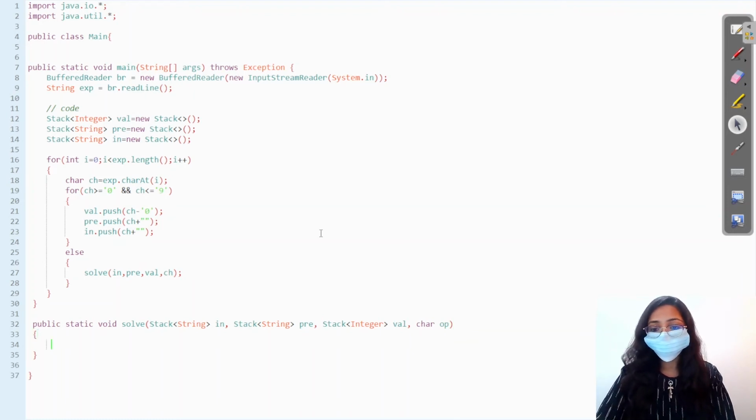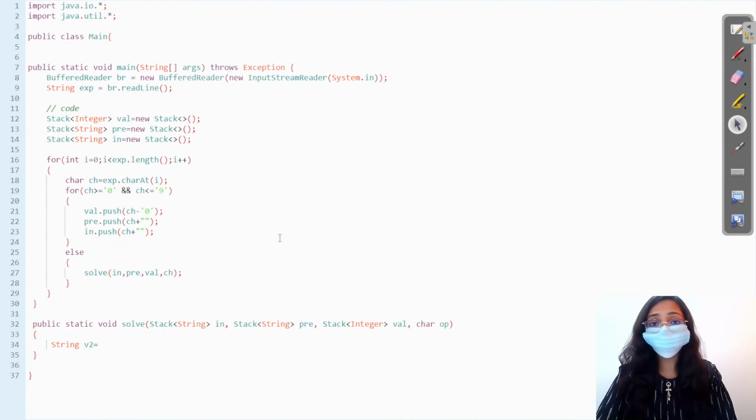So when we are working with the stacks, prefix, infix, values, we were doing certain tasks. First, let us work with the prefix stack. So we need to pop, right? So I get the values of string type.